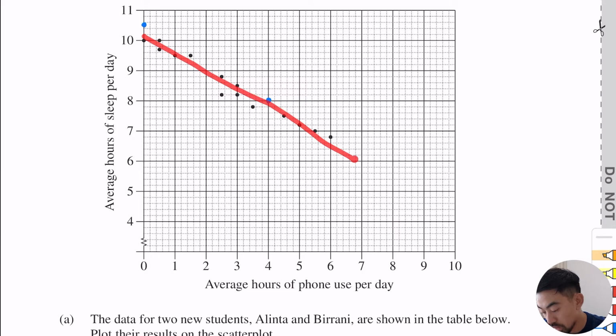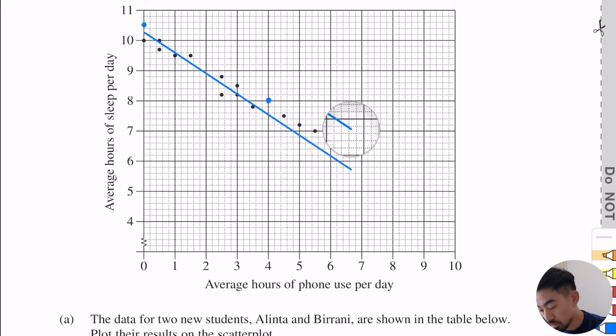I think that looks okay, so let's see. Where should I put that? So right now, what do I have? I have 1, 2, 3, 4, 5, 6, 7, 8, 9. 1, 2, 3. So kind of quite off here.